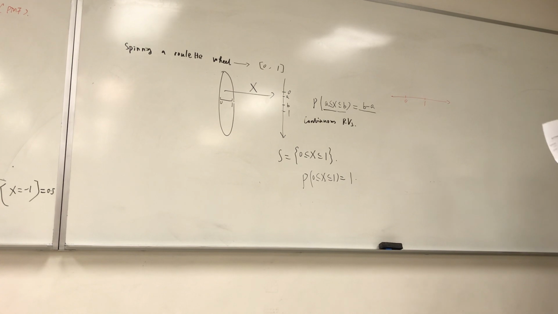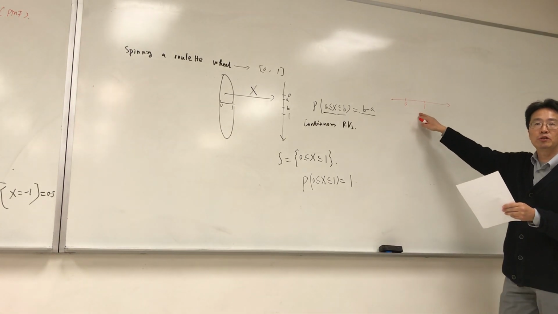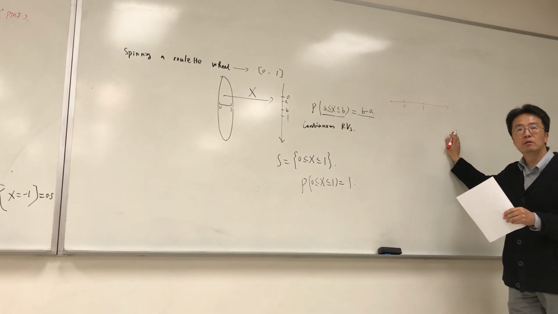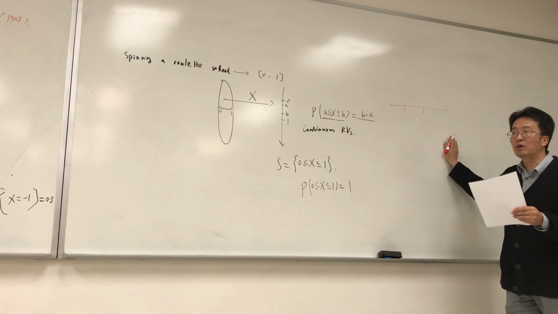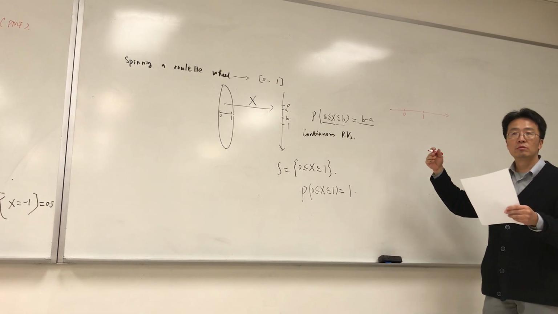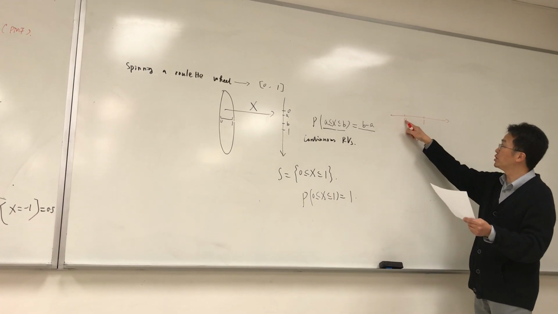Just imagine, how many cases do we need to consider when we try to build the distribution function for this experiment? How many possibilities in terms of realization location? Three regions, right.